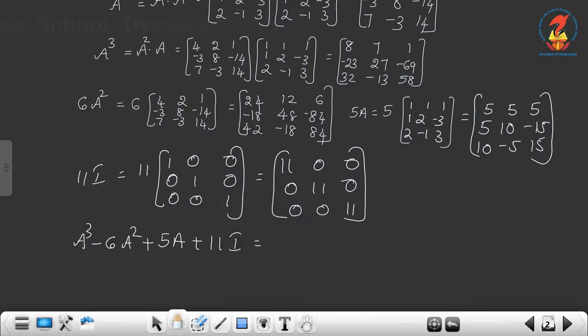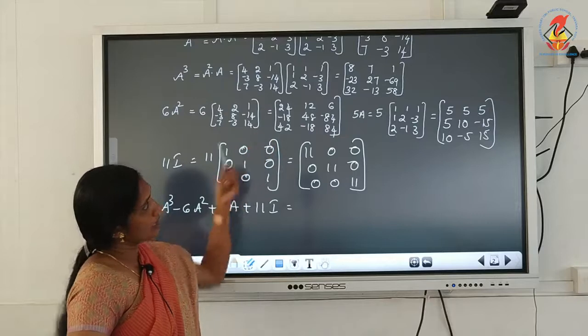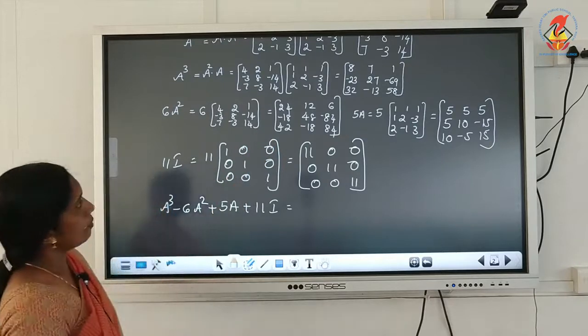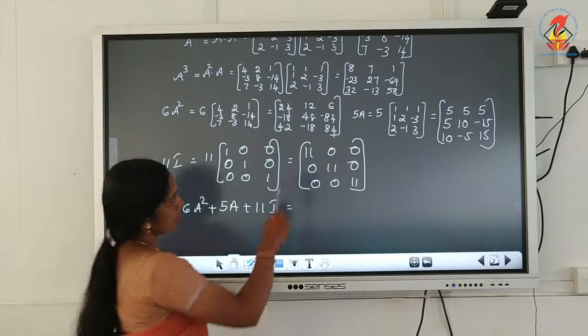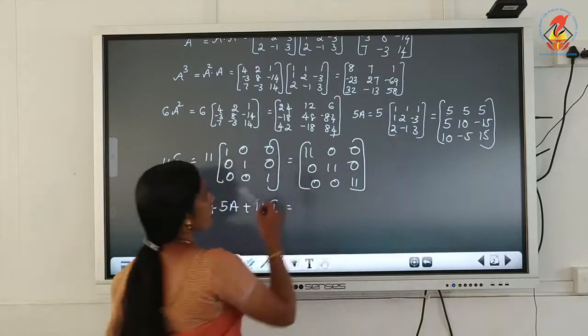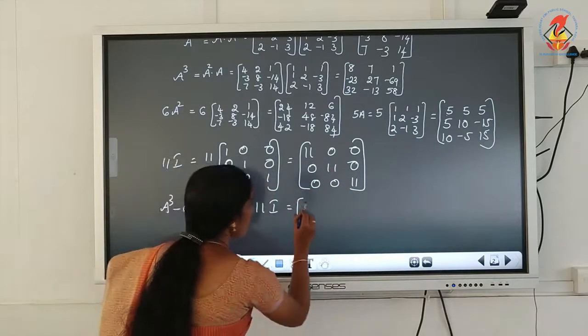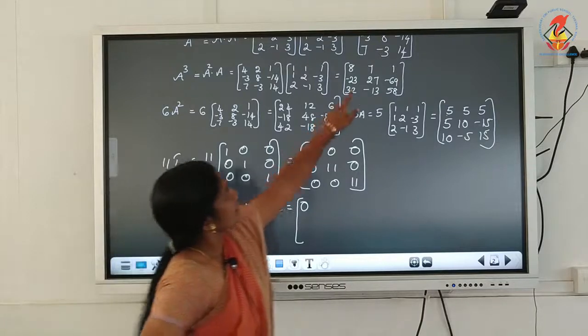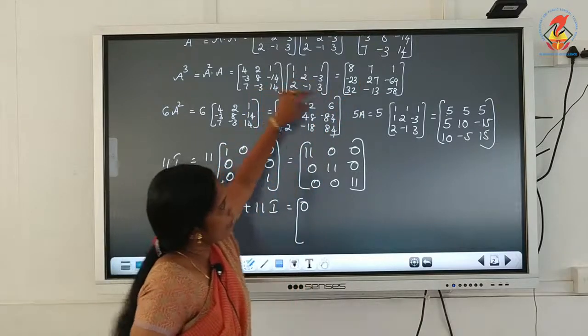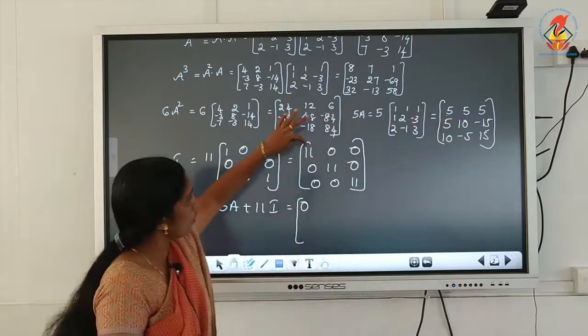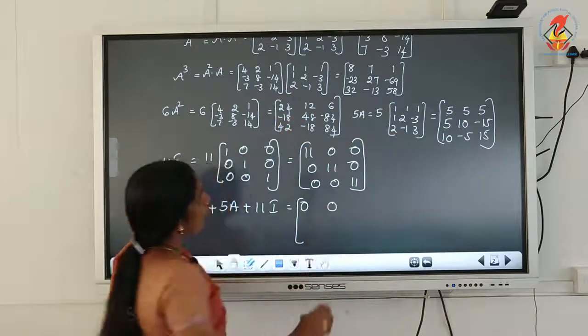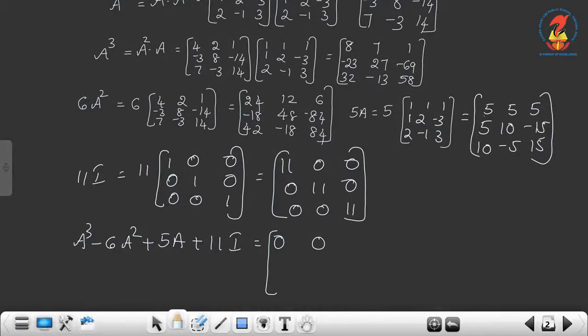So A cube, 8 minus 24 is equal to minus 16, minus 16 plus 5 plus 11, that is 0. Next element, 7 minus 12 is minus 5, minus 5 plus 5 is 0. 1 minus 6 is minus 5, minus 5 plus 5 is 0.